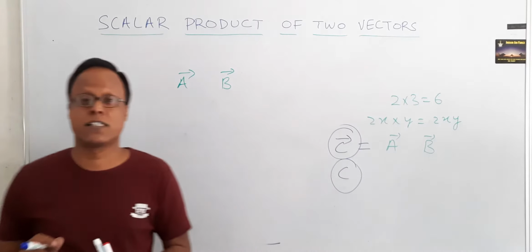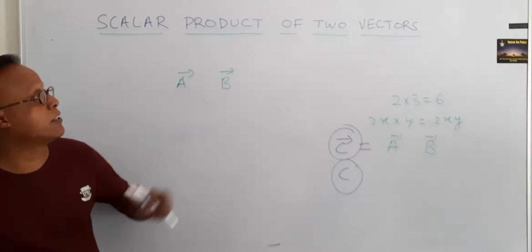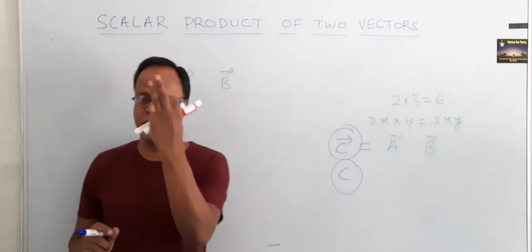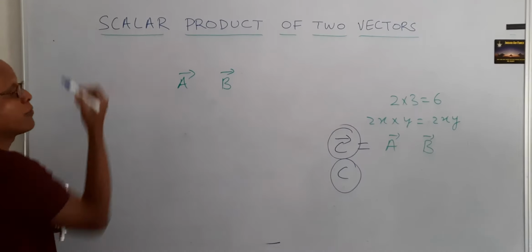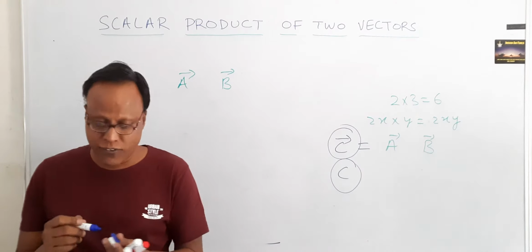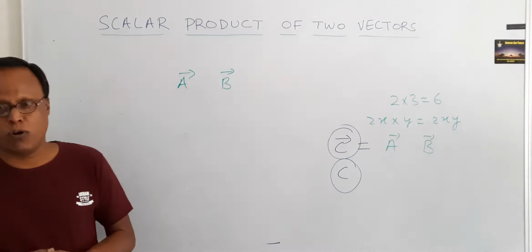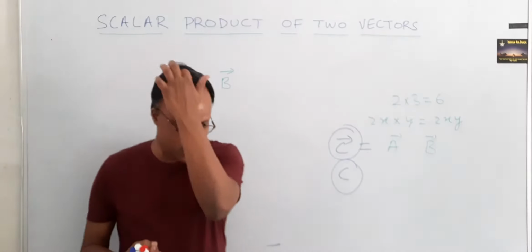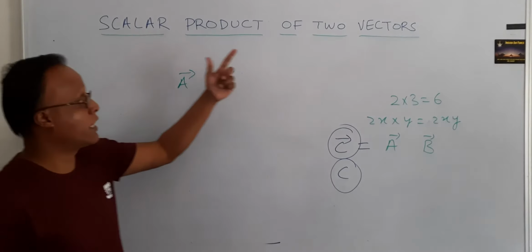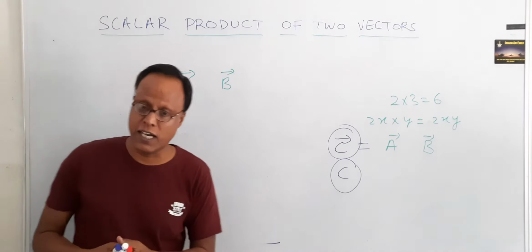According to that concept, we divide the product of two vectors in two ways. One is called the scalar product and the other is called the vector product. So you can say the product of two vector quantities is of two types. Number one is the scalar product of two vectors.